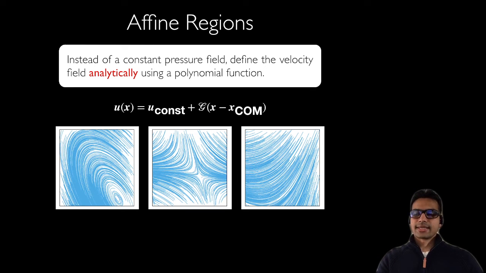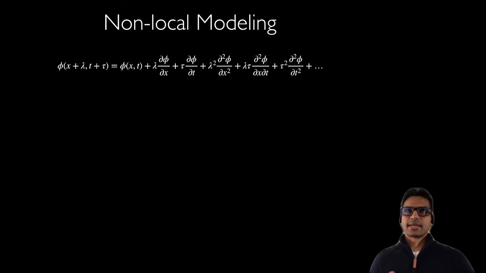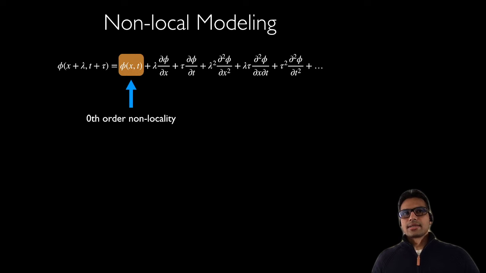So it turns out that that is actually the case, and this can be described through the general umbrella of non-local modeling. So basically, if we just look at the function value itself, then that's zeroth order non-locality, and you can think of this as the constant pressure value that we looked at just a while ago.